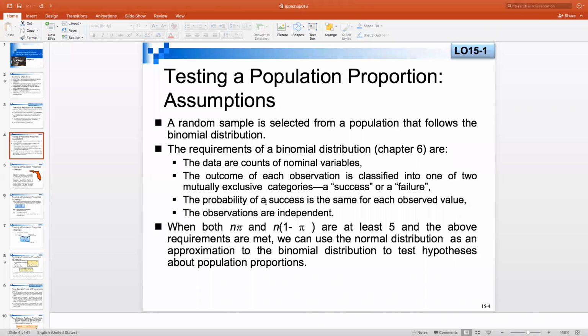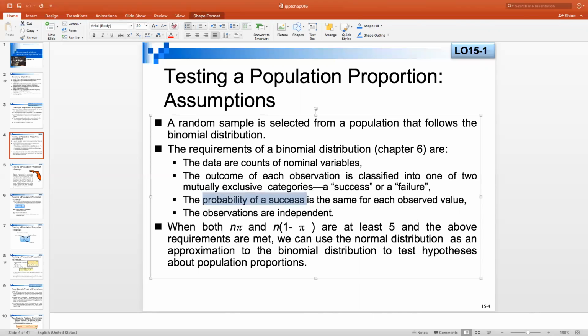The probability of a success is the same each time we choose someone from the population. If I choose person number 43 and then go on to choose person number 44, the probability of getting somebody who likes the color blue is the same. If I choose person 94 or 97, the probability of that person liking the color blue is the same. So the probability of a success is the same for each observed value.